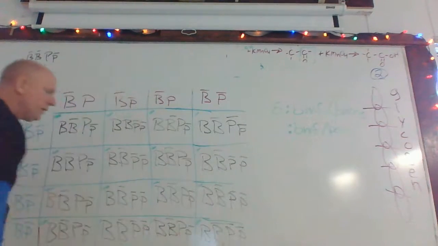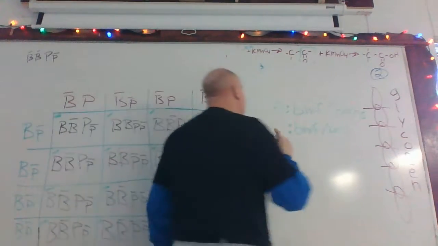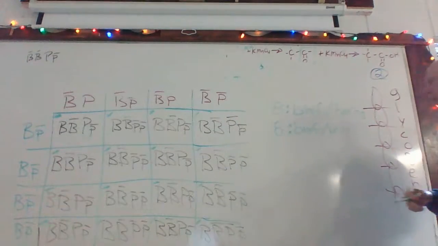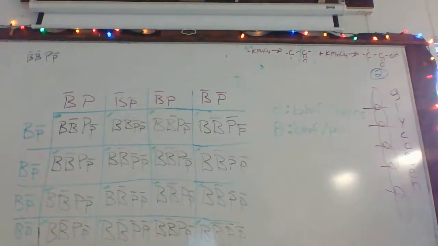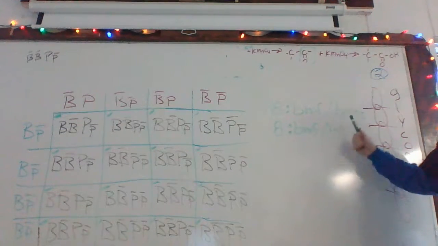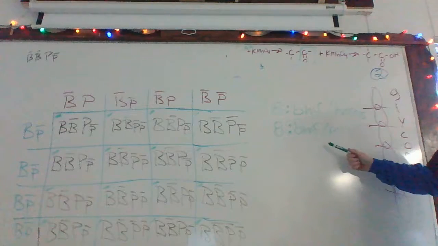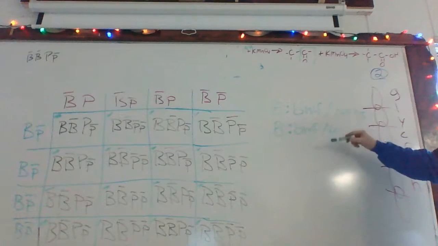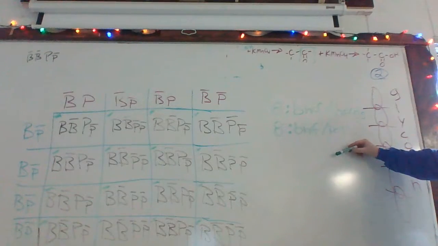50% of the time it's going to have horns. 50% of the time there's going to be no horns. But one of the aspects you'll see is that 100% of the time, it's going to be a black-white face. Now, whether they have horns or whether they don't, it's going to be 8 out of 16 or 50% of the time. So that is how you complete a codominant cross between coat colors.